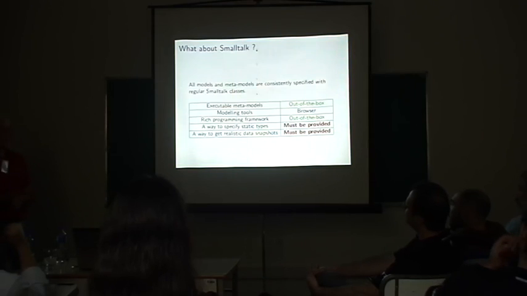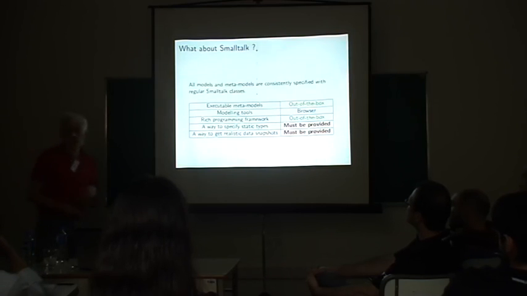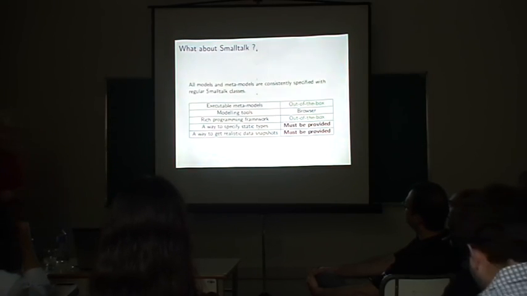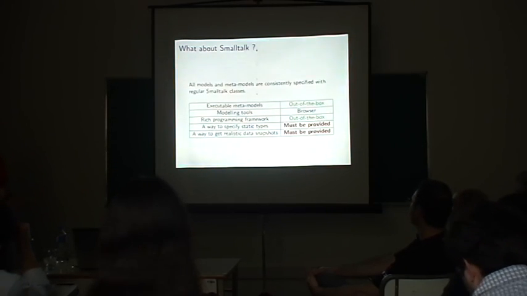We have modeling tools, and we have a rich programming framework. We have a network layer, we can have a database layer, we can have a lot of things that can be used for the building of prototypes. Now, what must be provided?